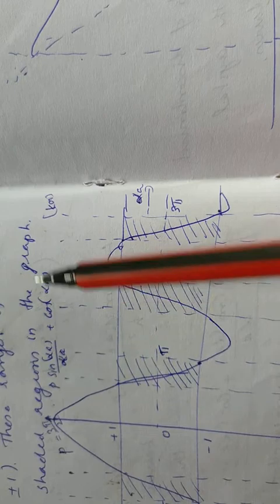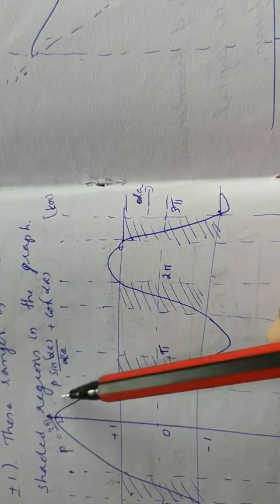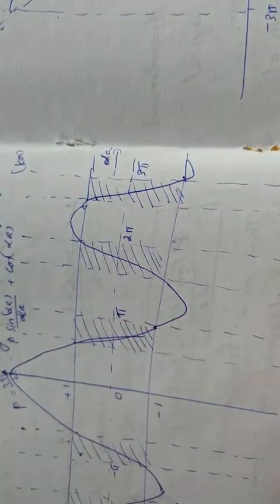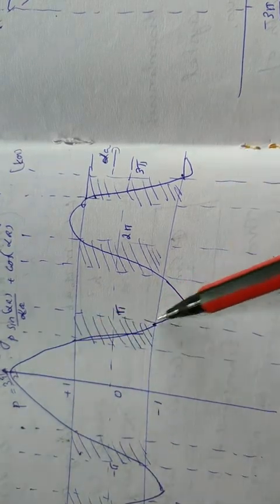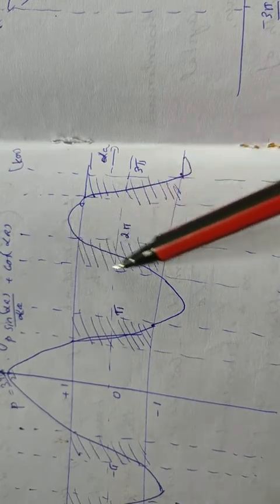This is a combination of sine and cos functions, and in the first term there is a factor called P. So that function will appear as this curve. This is the curve of the LHS function.